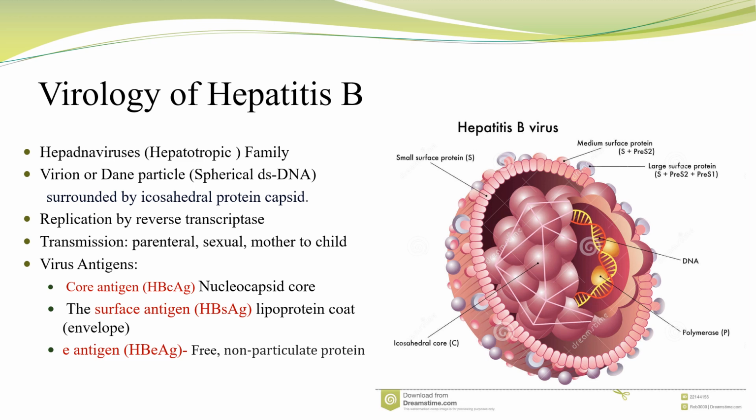And also E antigen or HBe antigen is sort of a free particle in the virus. These three markers are very important for diagnosis of different kinds of hepatitis, acute or chronic or active chronic or asymptomatic. We can talk about it later.